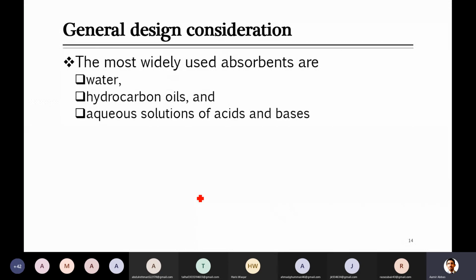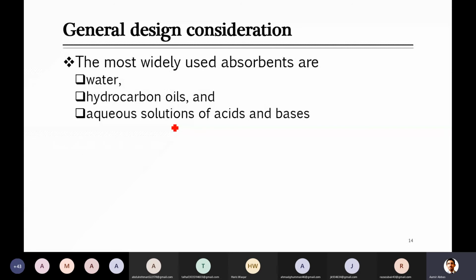So the widely used absorbents are three here. There is water, hydrocarbon oils. Somewhere we studied that to remove gases from gaseous streams, hydrocarbon streams, they are used, as well as aqueous solutions of acids and bases. Somewhere it was already discussed, for example, NaOH is used to remove CO2 as well as H2O. There are some other solvents, but here he mentioned that these are widely used.